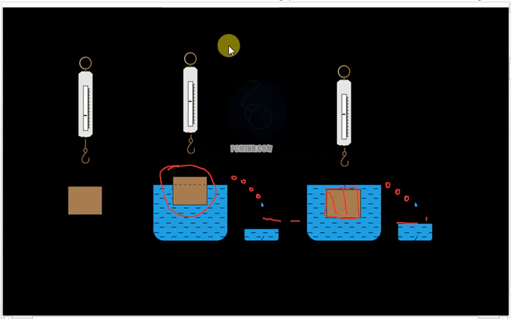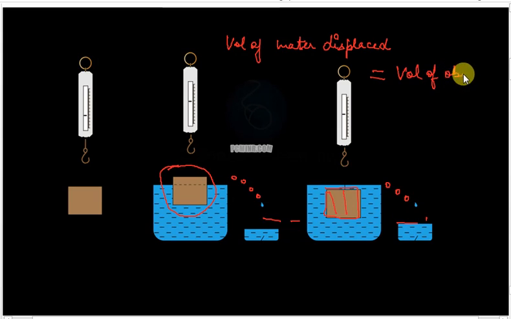And Archimedes found that the volume of water displaced is equal to the volume of the object immersed, which obviously means that a bigger body will displace more water than a smaller one.